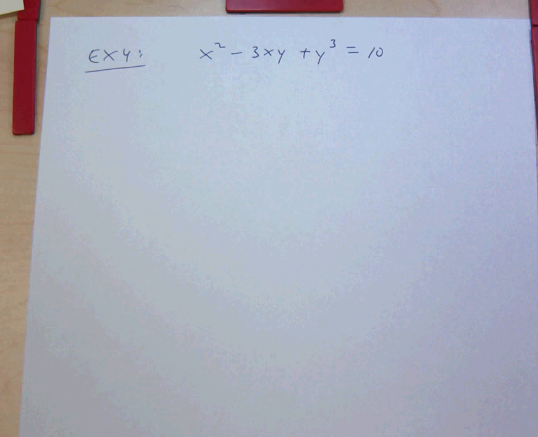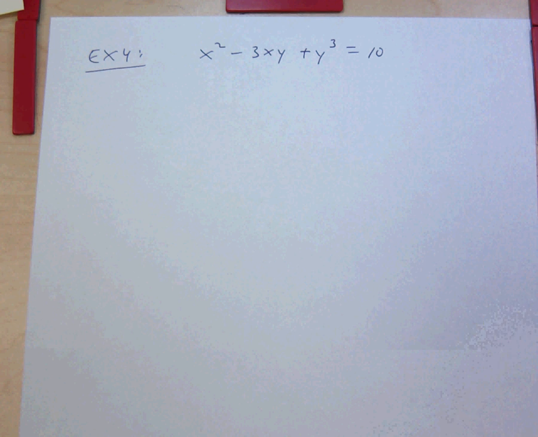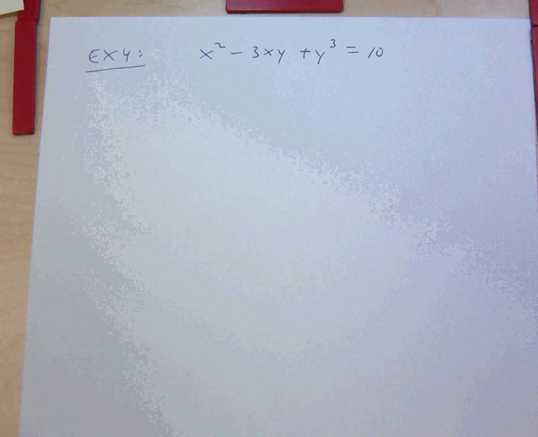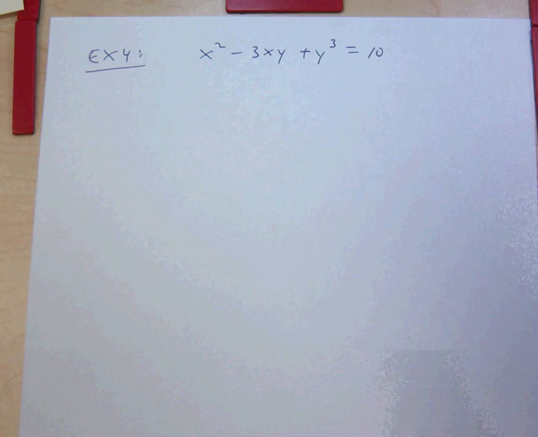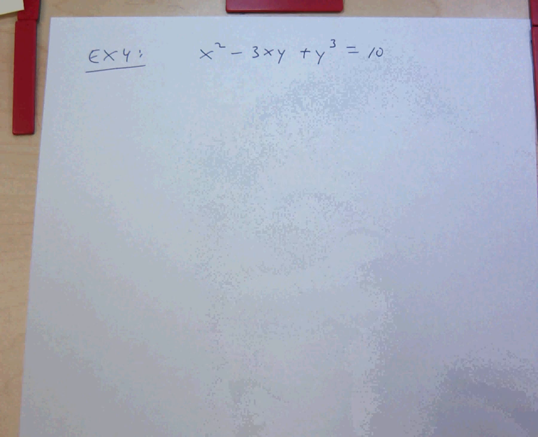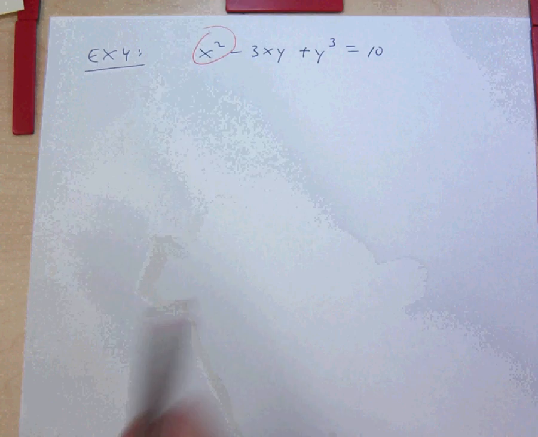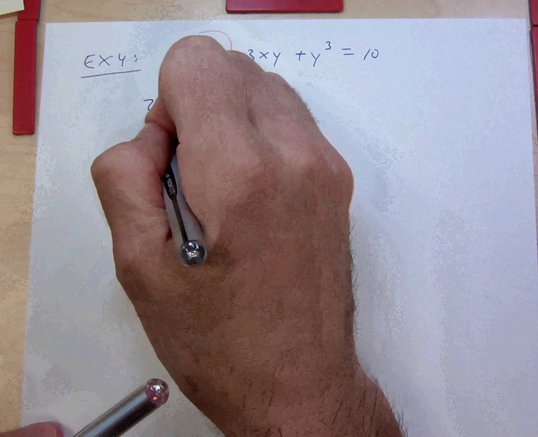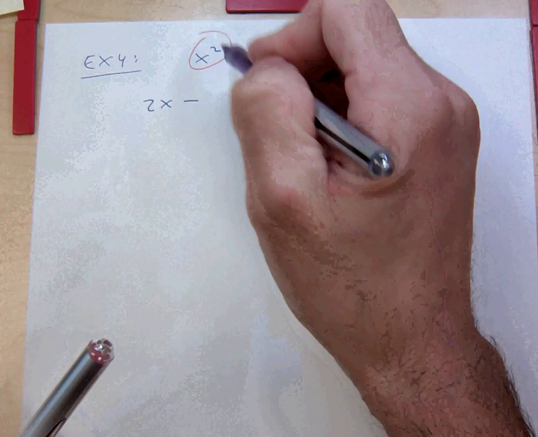Is that clear, unless I tell you otherwise? Okay, in this case, everybody agree you're going to have to use implicit differentiation here, because it's not solved for y? So here we go. Quickly, everybody, what's the derivative of that? 2x. Okay, now here's where we run into trouble.